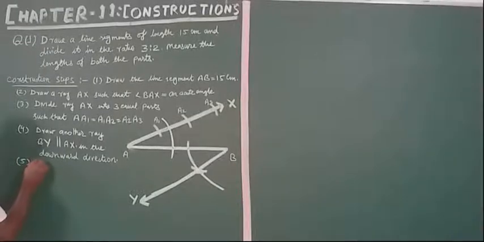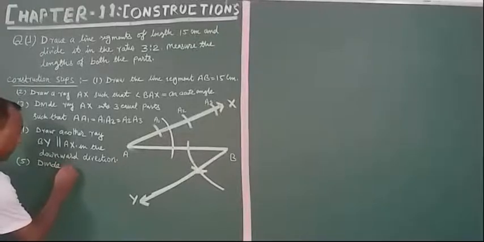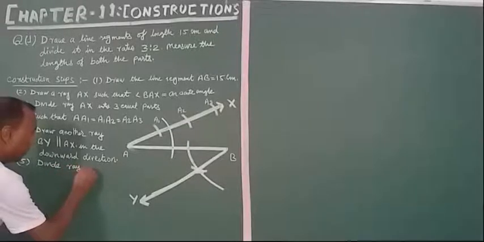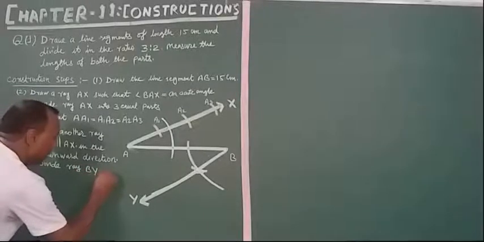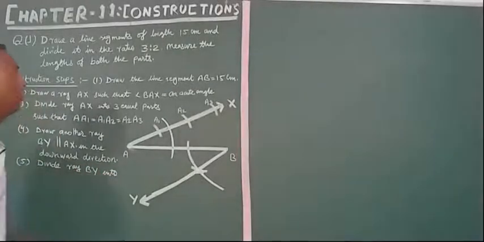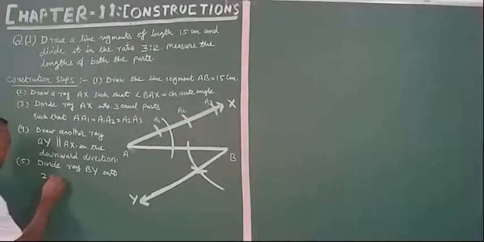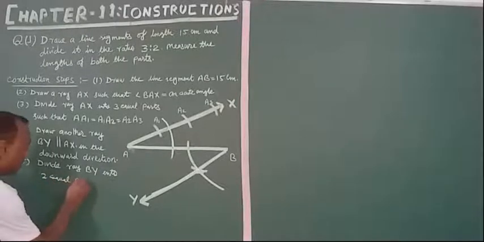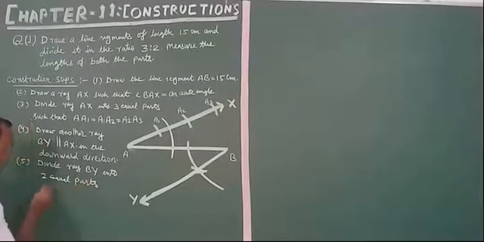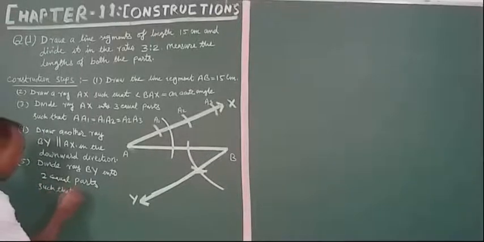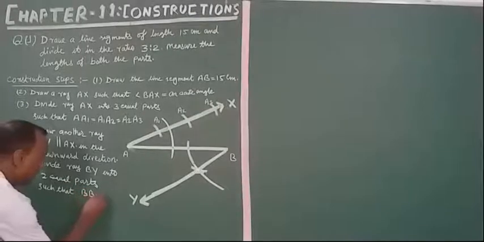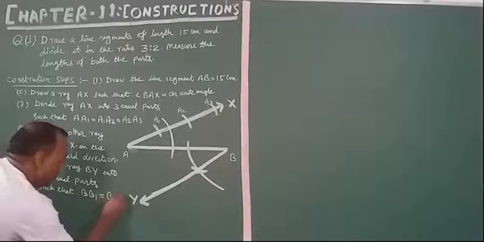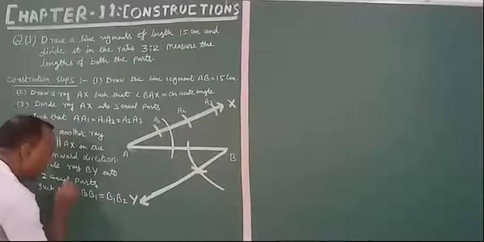Again divide ray BY into, now what is the ratio there? 2 equal parts, such that BB1 is equal to B1B2.